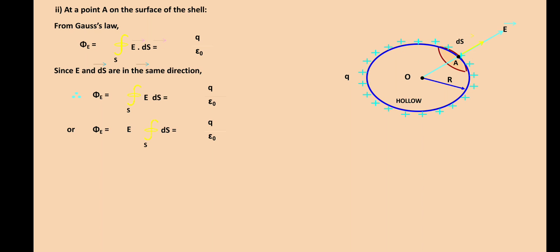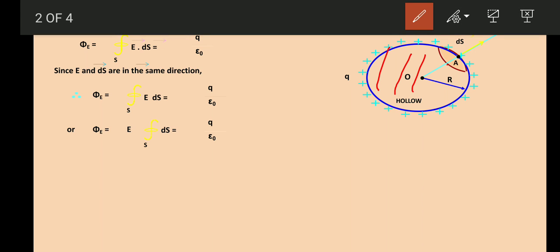What is the formula for the area of the sphere? This is 4 pi R square, capital R square only. But in the previous case we wrote small r square because the point P lies outside the spherical shell. In this case the point A lies on the surface of the shell, so the area will be 4 pi R square.